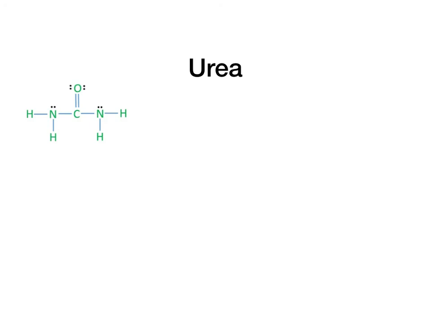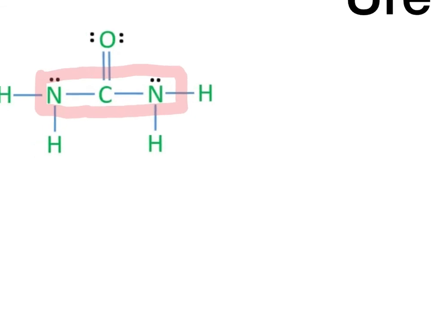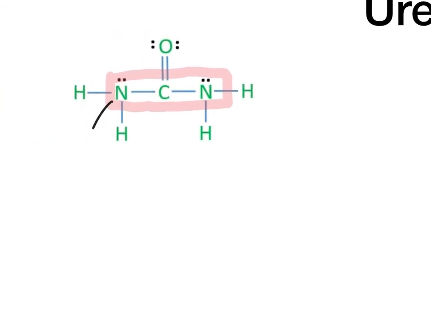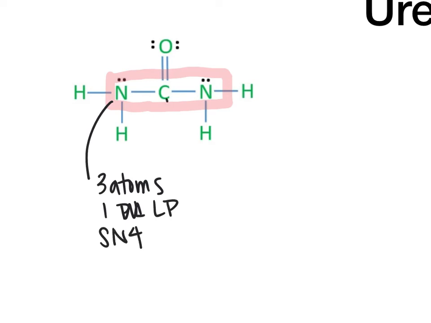So we're going to look at our steric centers, and we're going to start with these steric centers right here. If we zoom in a little, this nitrogen has 3 atoms, 1 lone pair, which is a steric number of 4. This is 3 atoms, a steric number of 3.